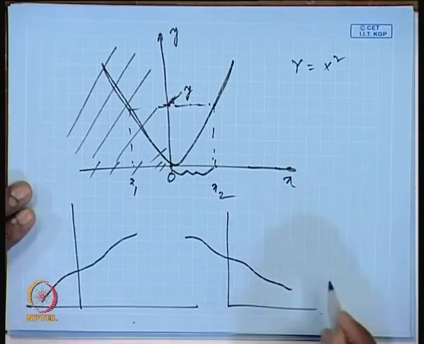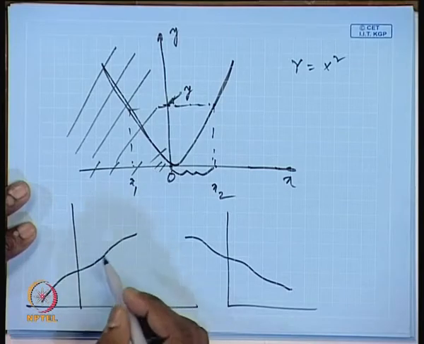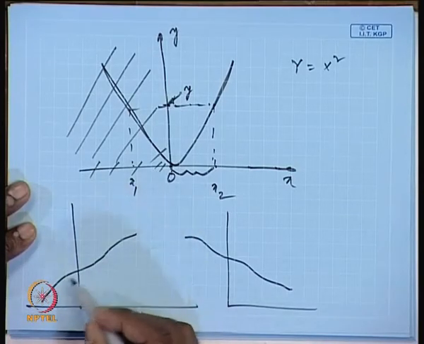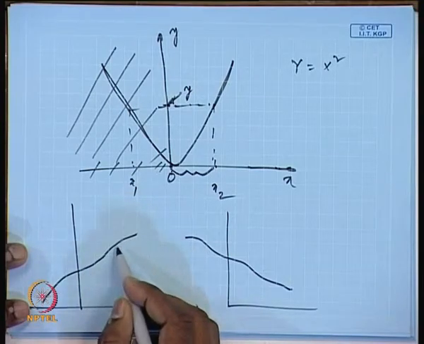Now, monotonic means that if it is an increasing function, it can never decrease.